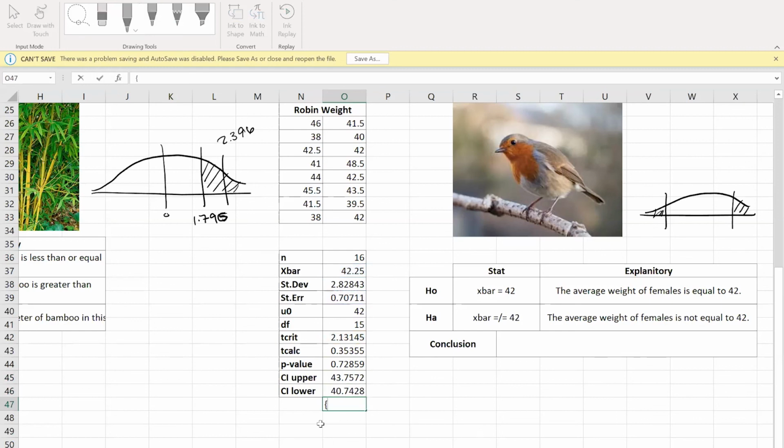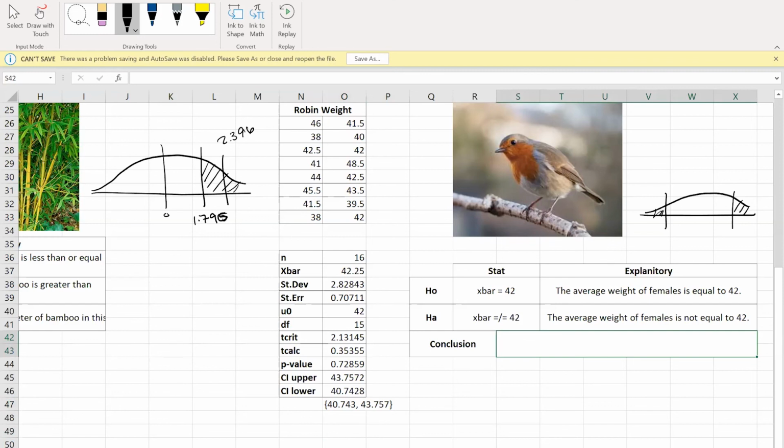Written out the way that it would normally be, between these numbers. So if we got a mean value outside of these bounds, we might have cause to believe that the mean weights are actually different from each other.